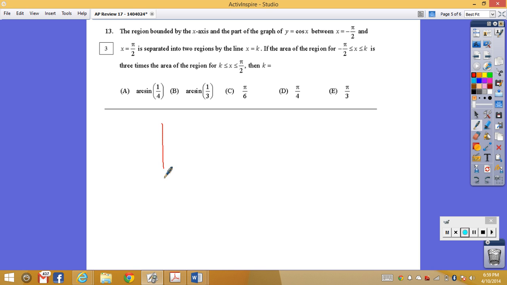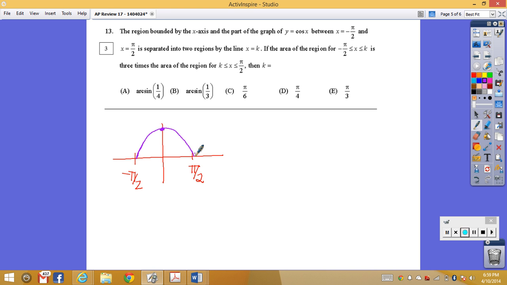So here we go. Cosine of x between negative pi over 2 and positive pi over 2. And then we know that cosine of x starts here, and here. Alright.